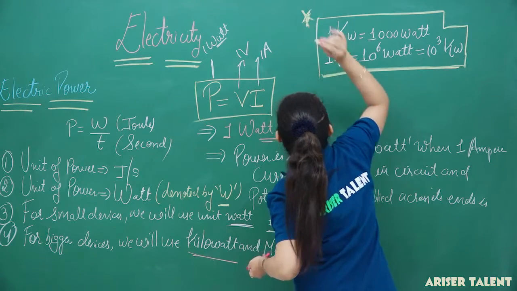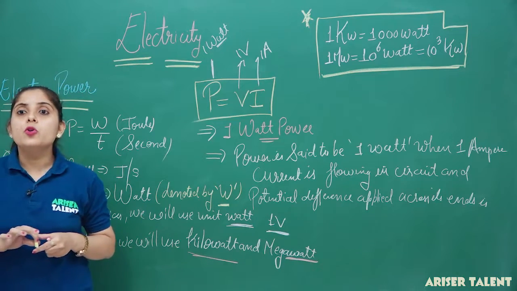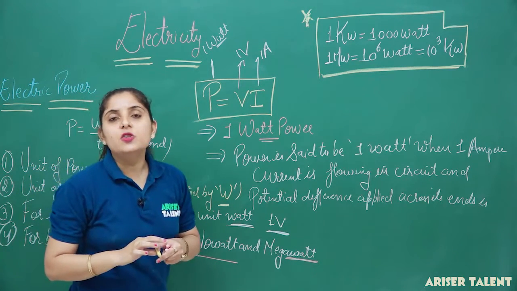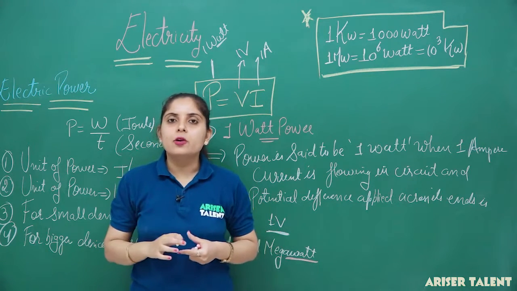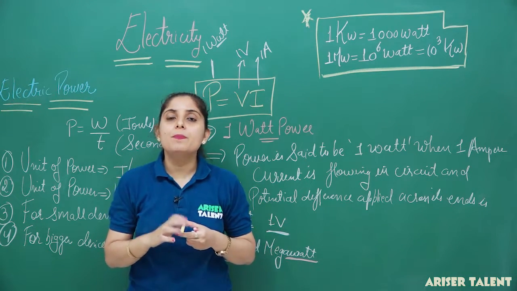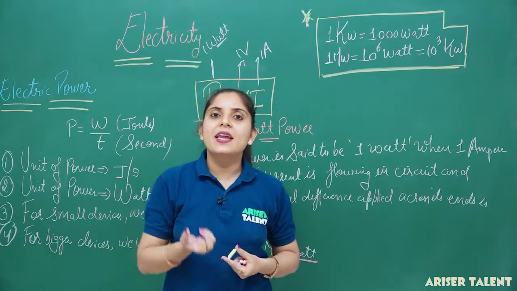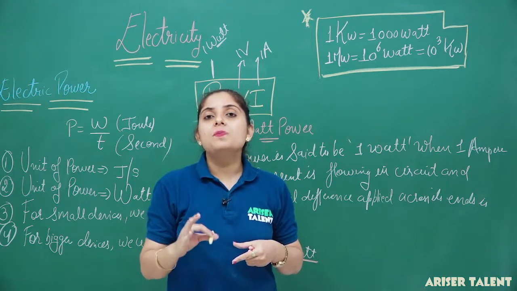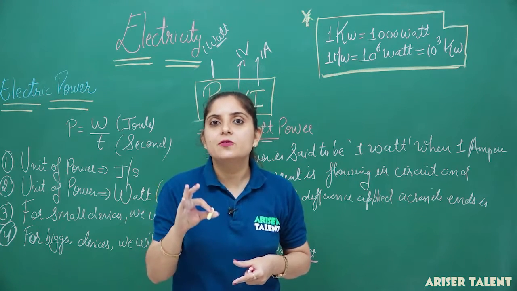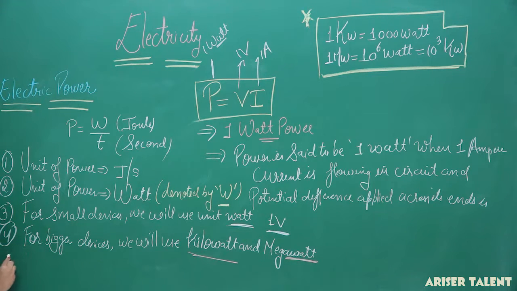These are important ones. Now, for calculating the power, there is one more unit you have heard about, called horsepower. It means some appliances and electronic apparatuses are provided in which the power is mentioned in horsepower. So what is horsepower?